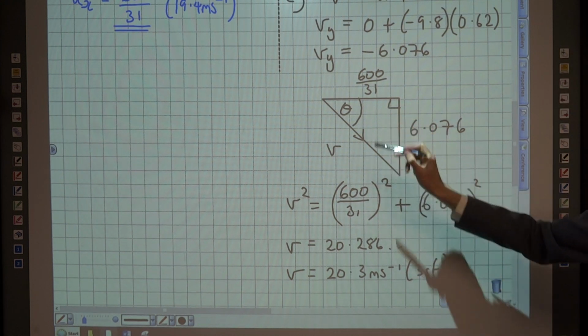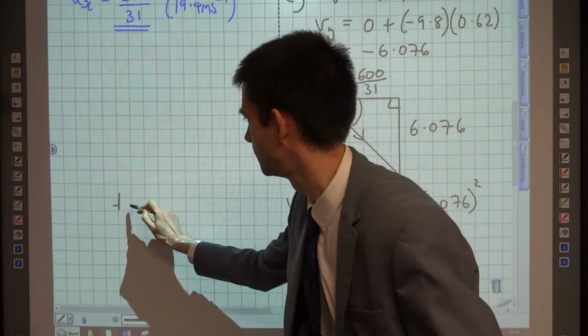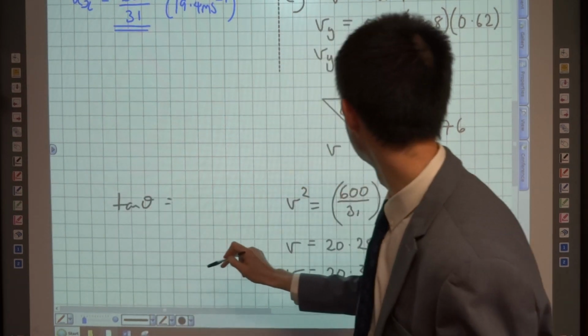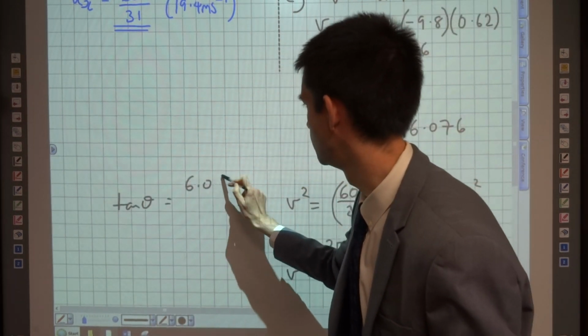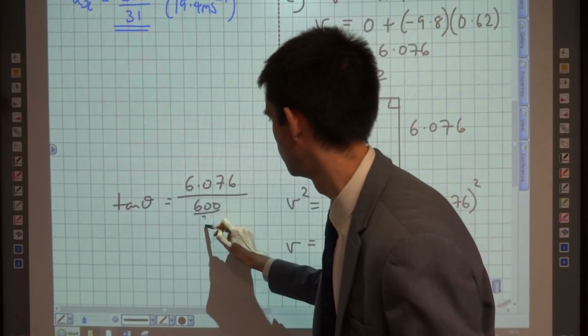And then for this angle here, I'm going to use normal right angle trigonometry. So I'm going to say that tan theta is equal to 6.076 over 600 over 31.